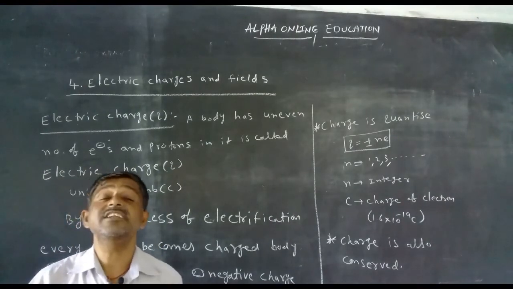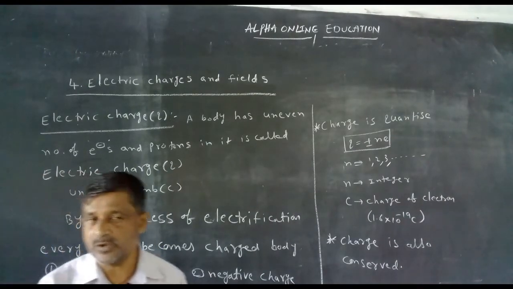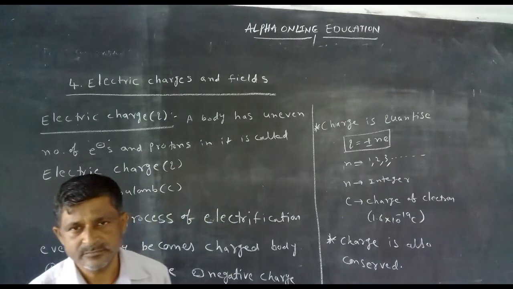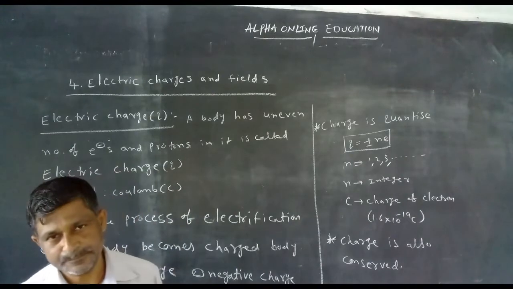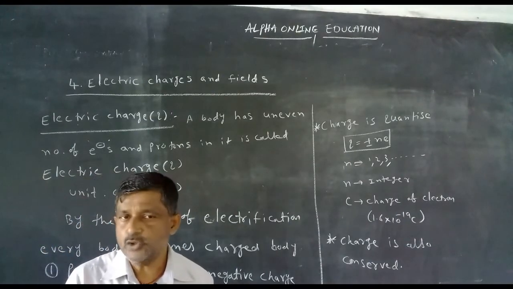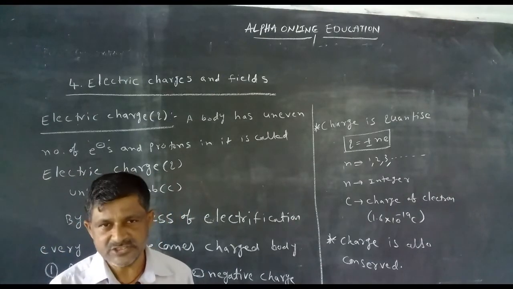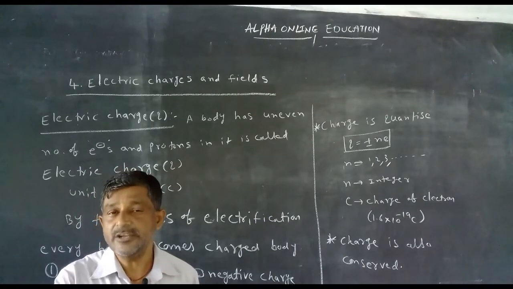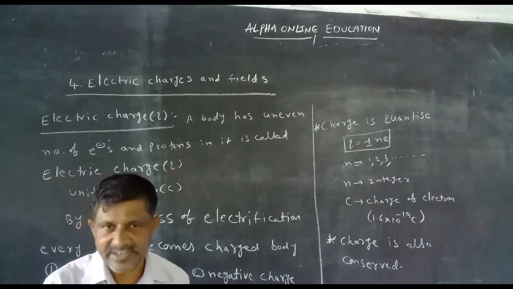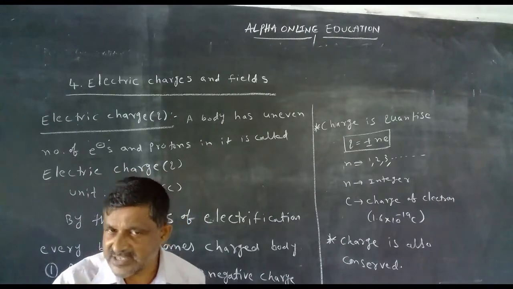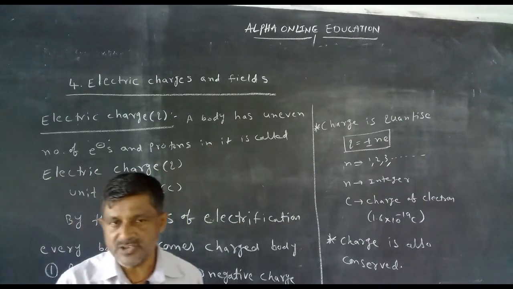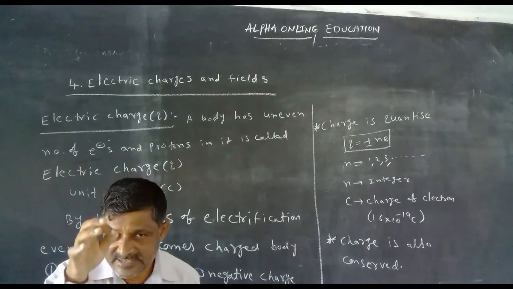If any body becomes positively or negatively charged, what about its weight? This is one of the very important questions from the examination point of view, for 2 marks. If the object is positively charged, it transmits the electrons, so its weight decreases.